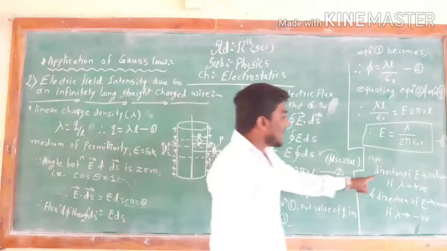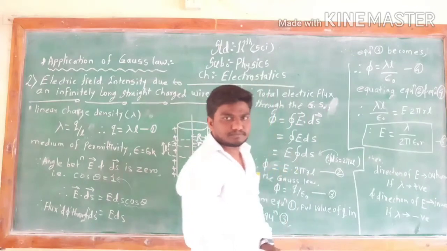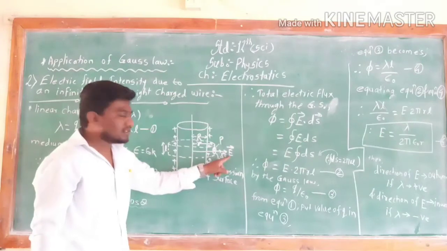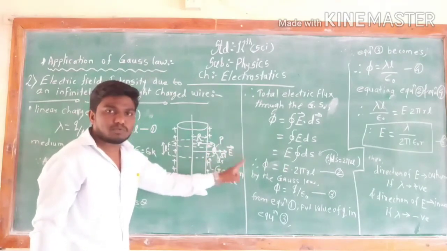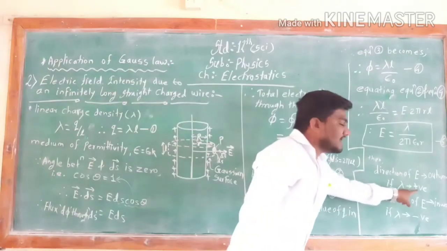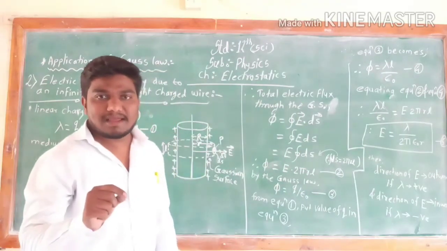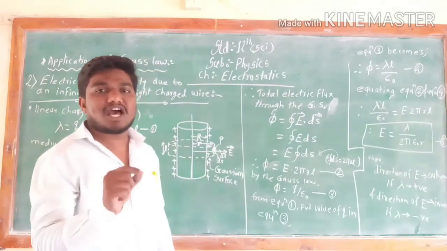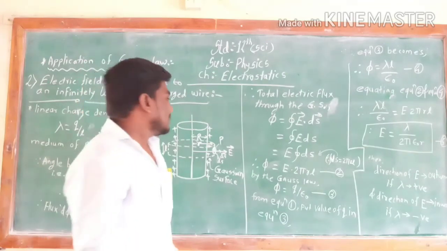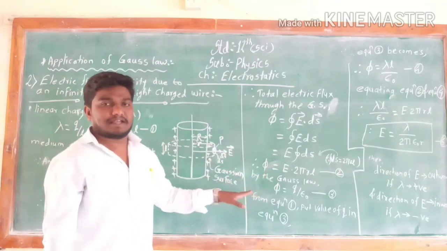The direction of the electric field is radially outward from that cylinder if lambda is positive. What is lambda? Lambda is the linear charge density. If lambda is positive, the direction of E is outward from that cylinder.